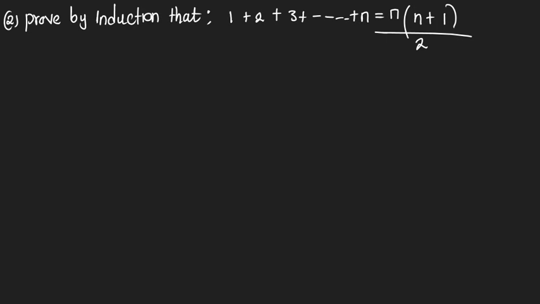So the first thing that we're going to do, of course, we're going to write our solution. We are going to follow the same steps we're using. The first one is simply to let n equal 1. Then we say right hand side.